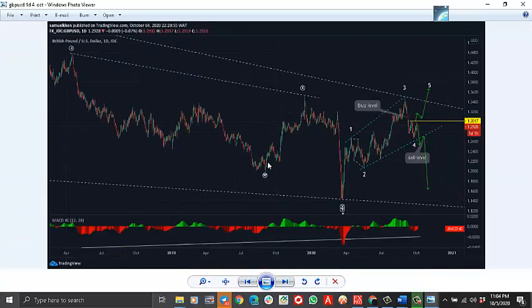The ending diagonal is over, and you can see a sharp move. A sharp move is a sign of rejection and a sign of trend change.